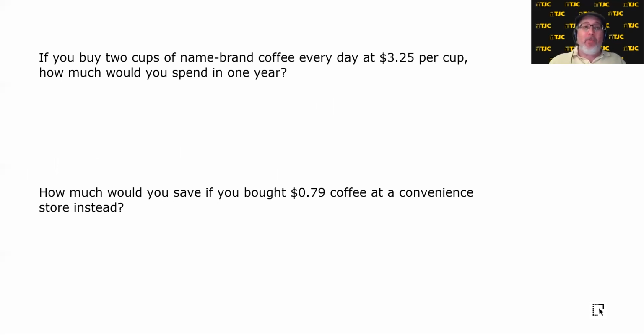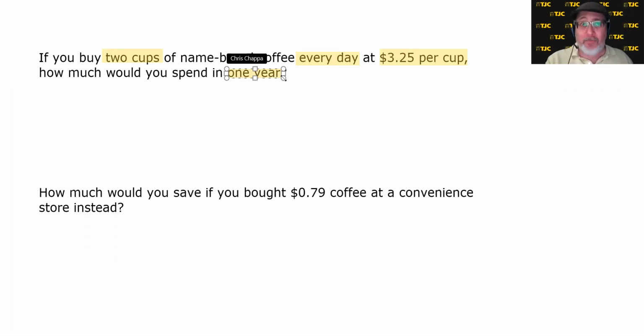Well, let's think about what we have and what we want, or what we're given and what we're being asked to find. We're given that every day we spend a certain amount of money. It'll be $6.50 because we're buying 2 cups. So essentially, we're given how much we spend per day, and we want to know how much we spend per year.